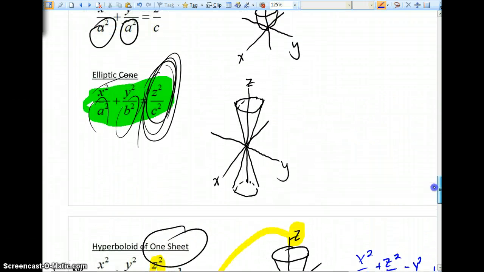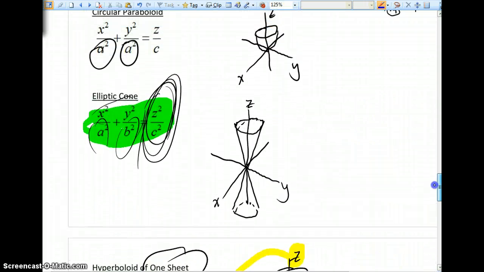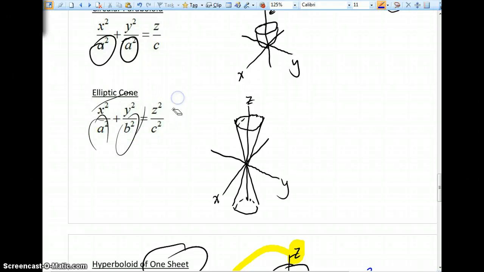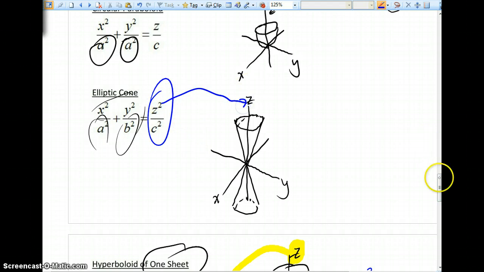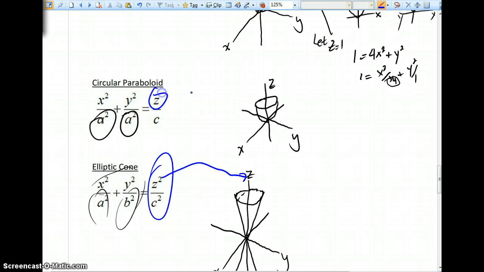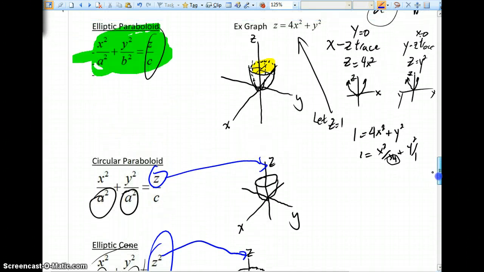Likewise, when we come back here to the cone and so forth, if z on the right side, if we would have had an x squared and had z squared on the other side, our cone would have had an axis about the x-axis. Right here, this determines the axis, and that's actually very important to mention, even with the paraboloid, of course.